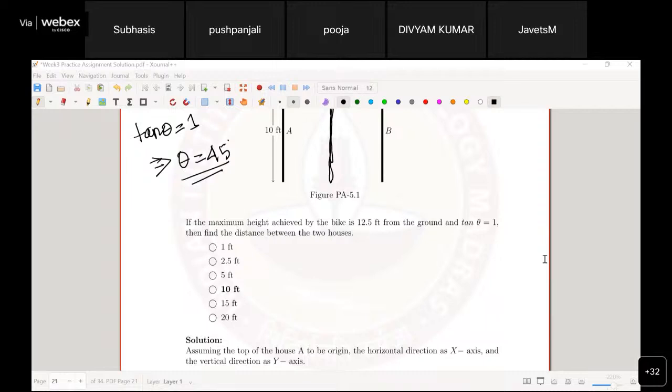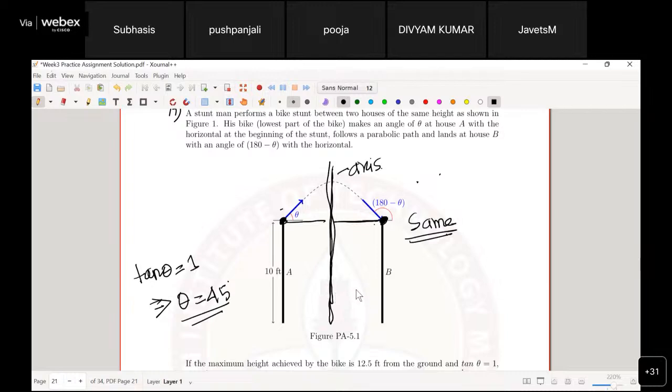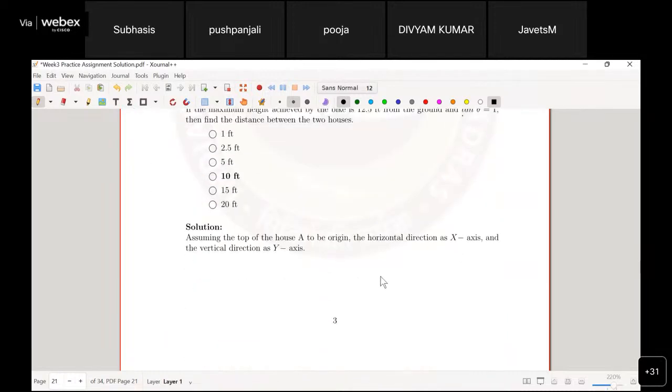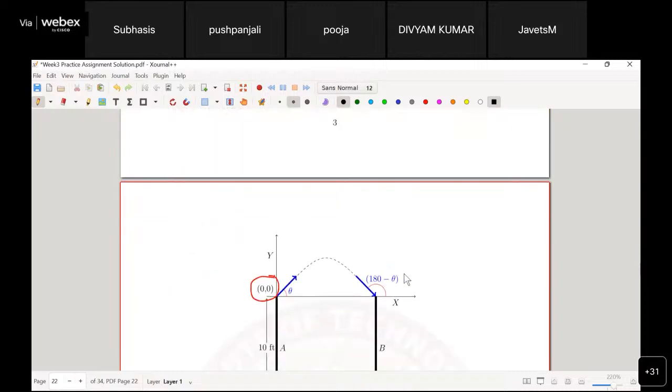I'll check the solution. If there is some mistake in the solution, I'll let you know at this mail ID. If there are any corrections, you can upload it to the portal so everyone can see. See, if there is some mistake, then undoubtedly I'll rectify it and submit it in the portal. Okay, no problem. Thank you.